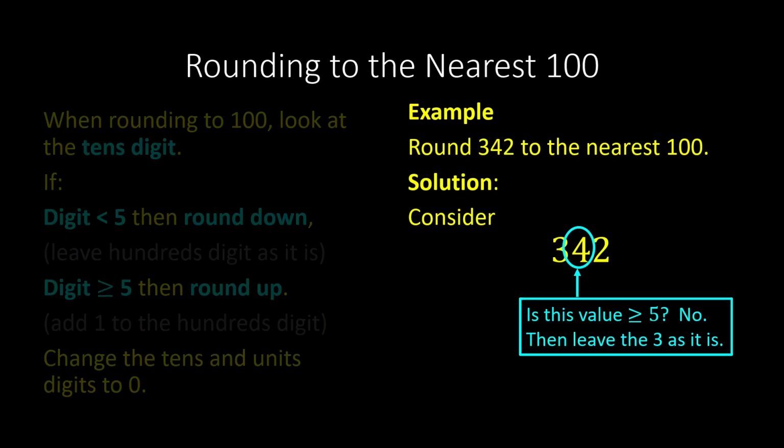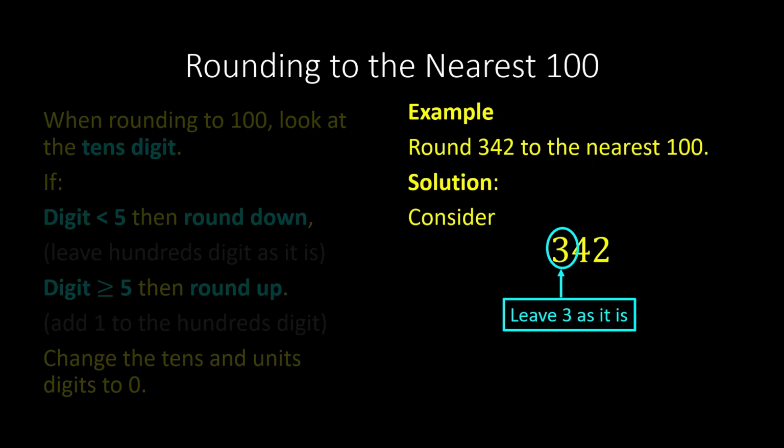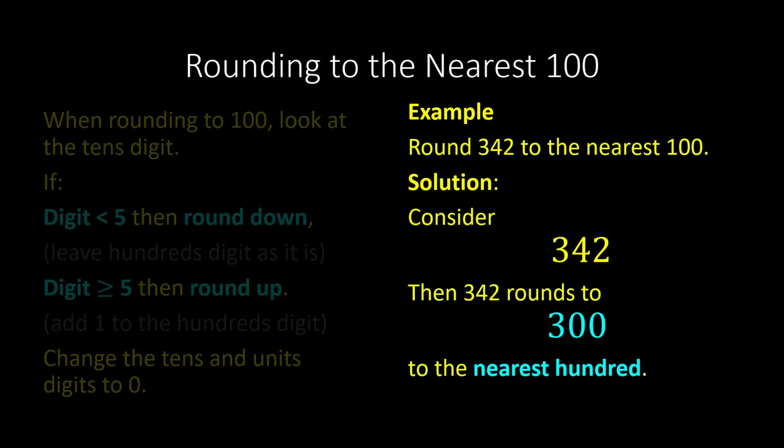So this place, we ask, is this value greater than or equal to 5? Clearly, it's 4. No, the value is not greater than or equal to 5. So we leave the 3 as it is. And so 342 rounds to 300 to the nearest 100.